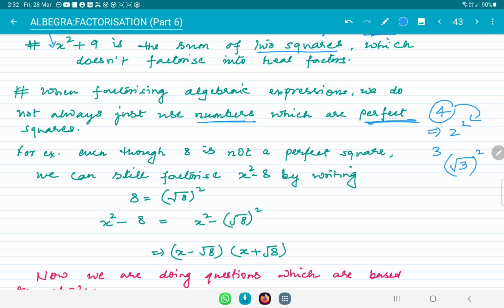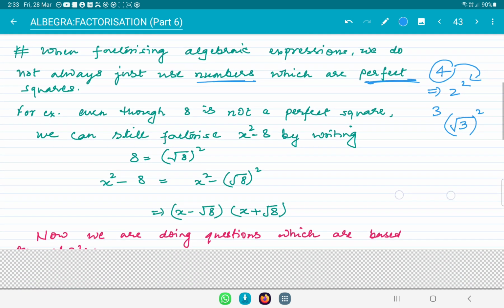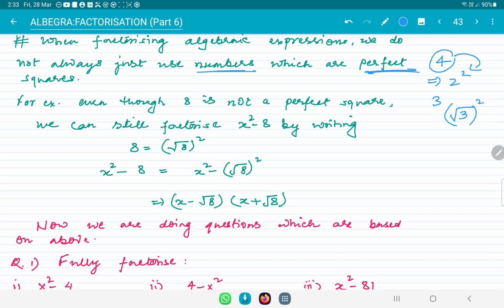Not every time will the number come already in square form. Some numbers are not perfect squares, so you have to write them in root form. For example, even though 8 is not a perfect square, we can still factorize it.